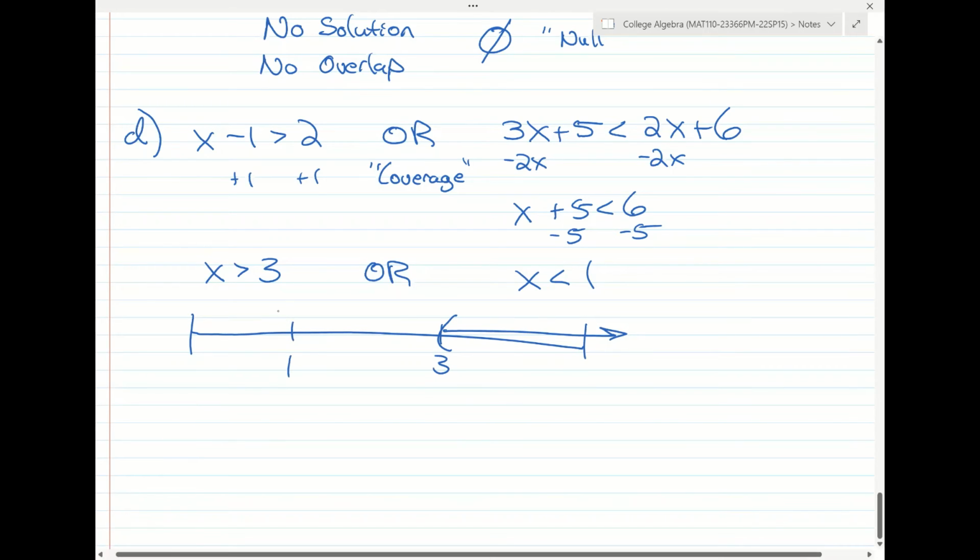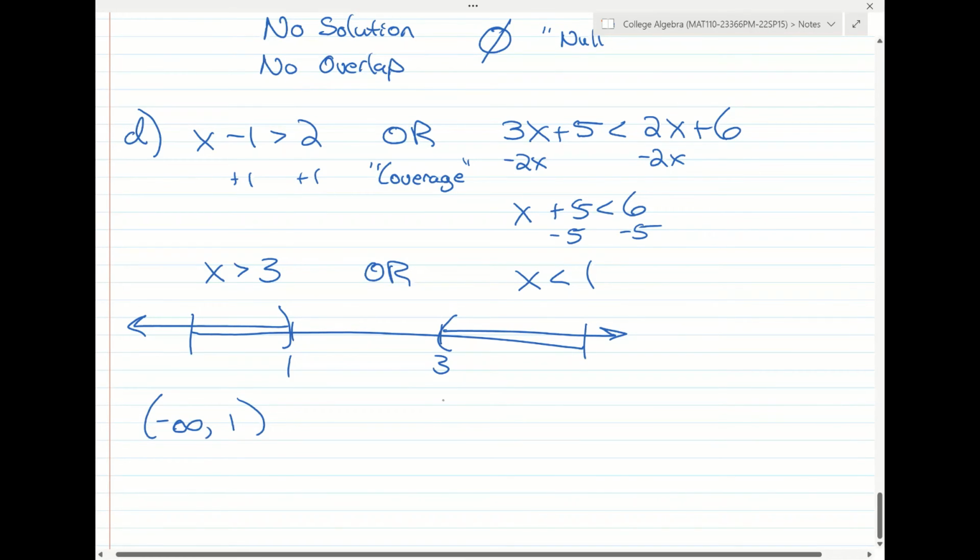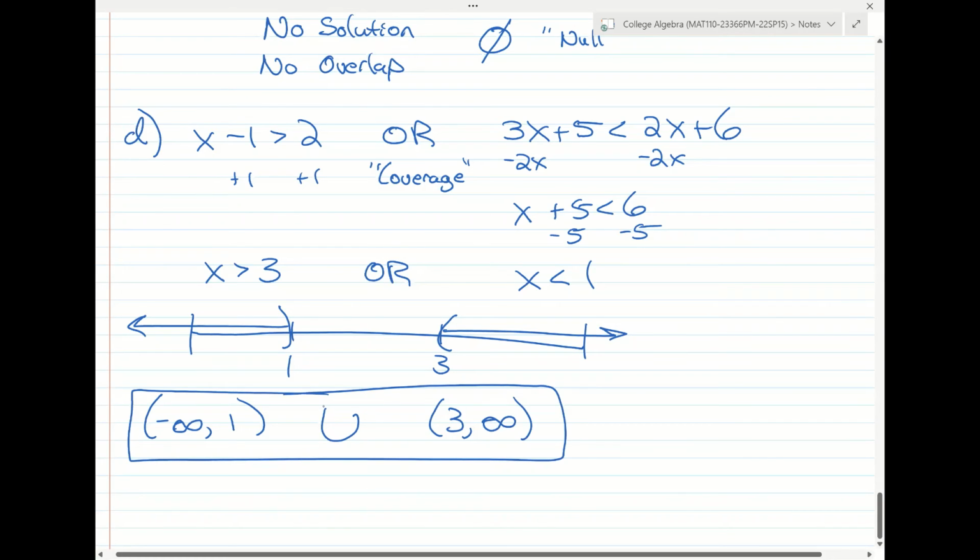Numbers less than 1 would be here. We're just looking to see where there is coverage on the graph. We talked about this a little bit in the first section. It looks like we have a graph from negative infinity to 1. We also have a graph from 3 to infinity. We combine the two answers with a union sign.